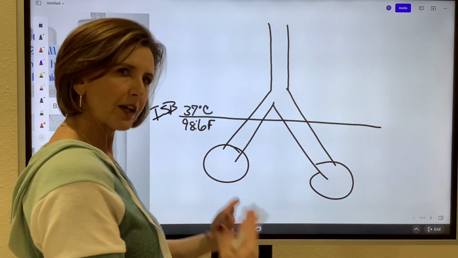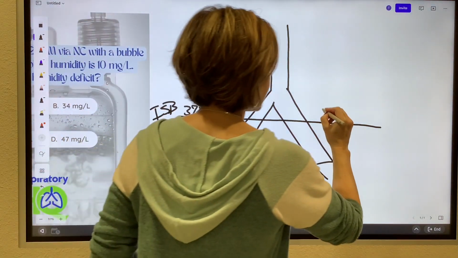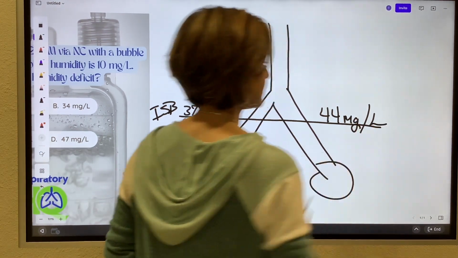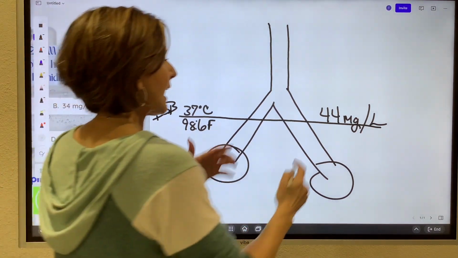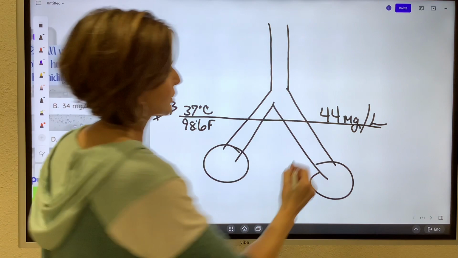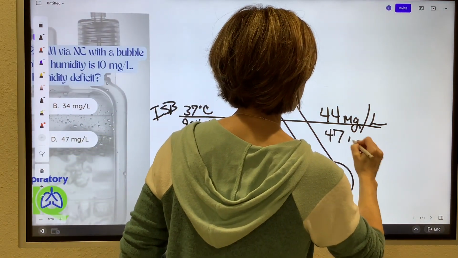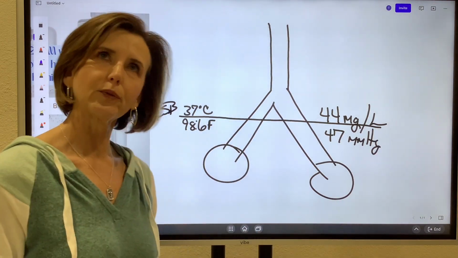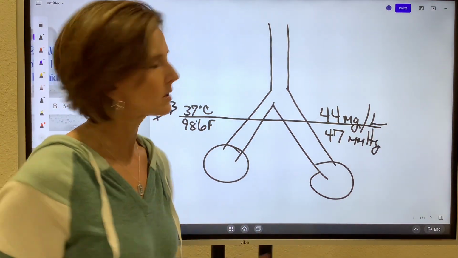And when it's fully saturated with water, that amount of water is 44 milligrams per liter, and that 44 milligrams per liter exerts a pressure of 47 millimeters of mercury. This is where you get that water vapor pressure when you're doing the alveolar air equation.